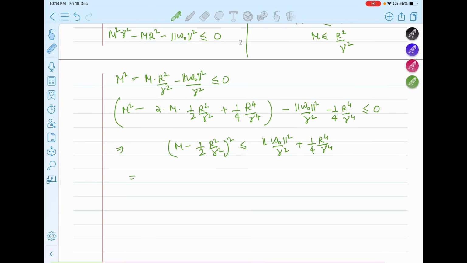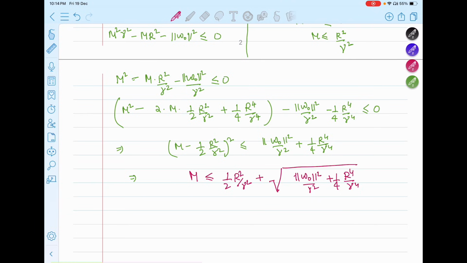Now what can I say? I can say M is less than or equal to half of R square by gamma square plus under root of norm of W_0 square by gamma square plus 1/4 of R to the power 4 by gamma to the power 4.